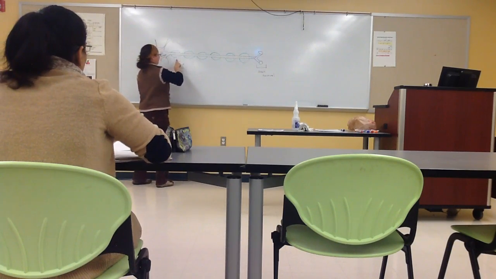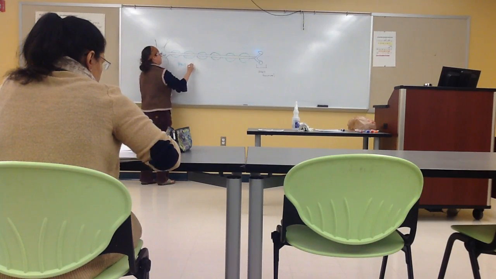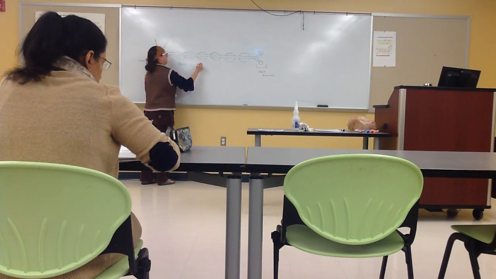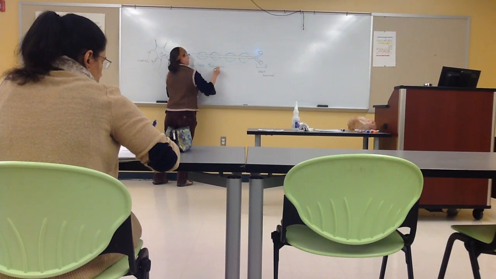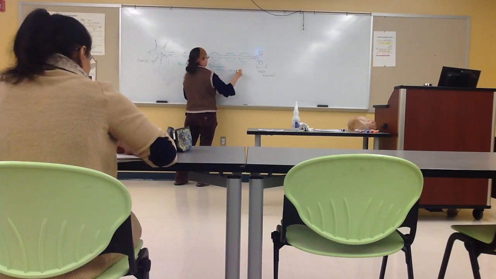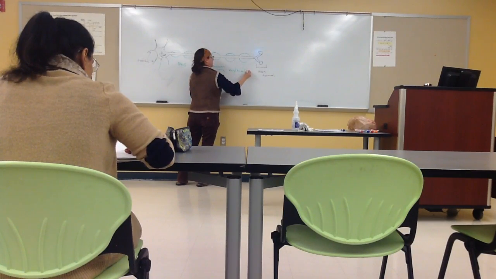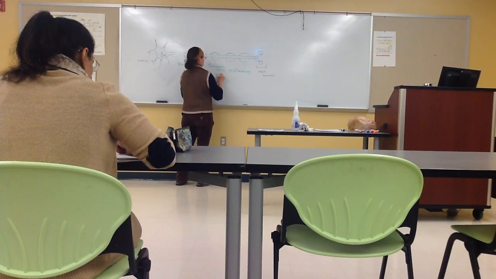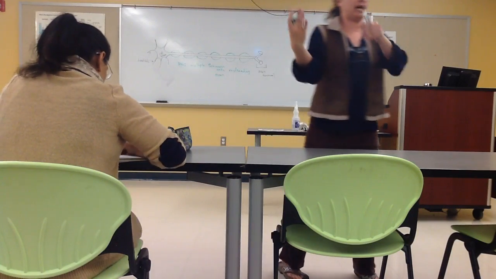Yes, because if we're talking about PNS myelination, that means you're going to have multiple Schwann cells myelinating. If we were talking about the central nervous system, then you would have oligodendrocytes.